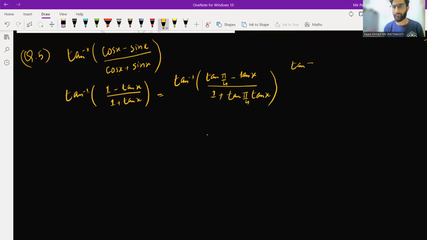We know that tan of pi by 4 is 1. So here I am putting tan pi by 4 and I am also multiplying that with, so it's 1. This will be tan inverse of tan of pi by 4 minus x. So we know that tan of a minus b takes this form. So if we cancel these two things, we get pi by 4 minus x, the simplest form of this.